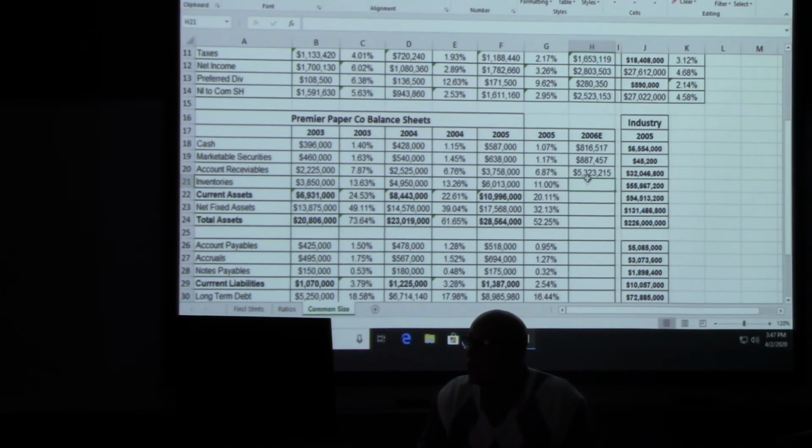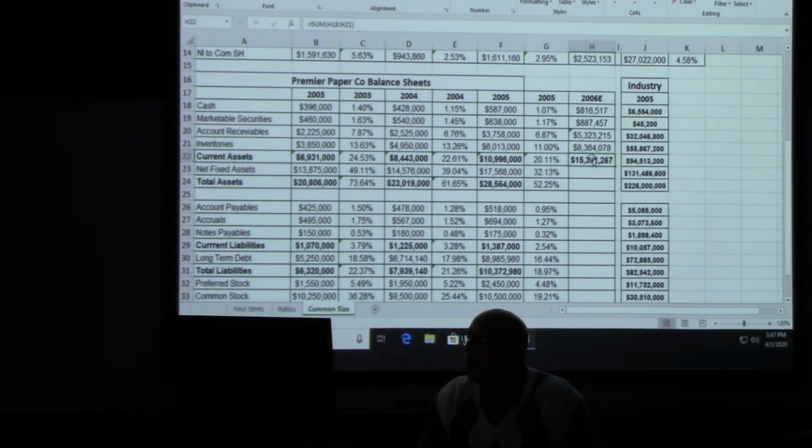We'll stabilize it, and so we'll go ahead and copy this number here to here. So what we're saying is sales times 11% is our inventory number. And let's go ahead and add these up. Okay, and there are current assets, and our net fixed assets have jumped down as a percentage of sales. Let's stabilize that number.